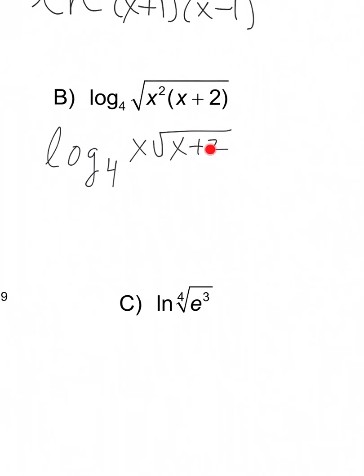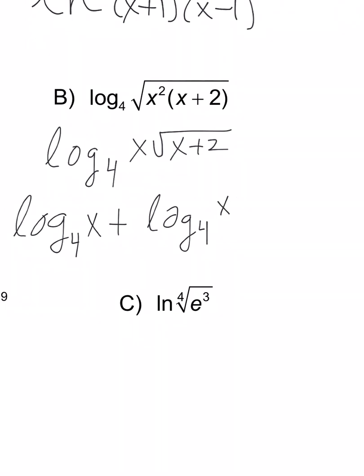And now, again, because of this addition in the condensed form, you want to think of that all as one term. So ultimately, we have two terms, the x and the root x plus 2 in this argument. We're going to split it by expanding. So I have log base 4 of x plus the second one, log base 4 of x plus 2.